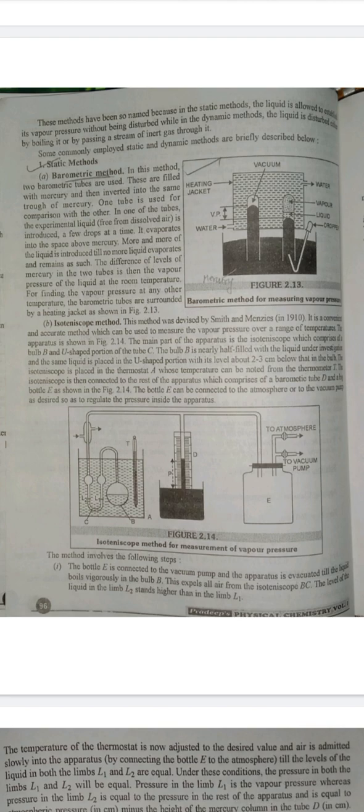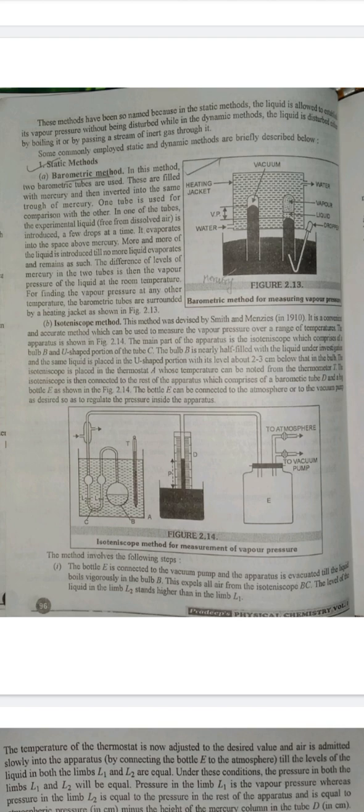The isoteniscope is placed in the thermostat A, whose temperature can be noted from the thermometer T. The isoteniscope is then connected to the rest of the apparatus, which comprises a barometric tube D and a big bottle E, as shown in figure 2.14. The bottle E can be connected to the atmosphere or to the vacuum pump as desired, so as to regulate the pressure inside the apparatus.